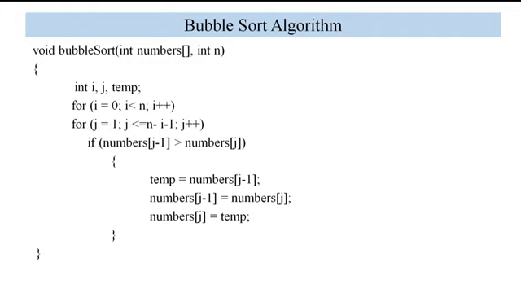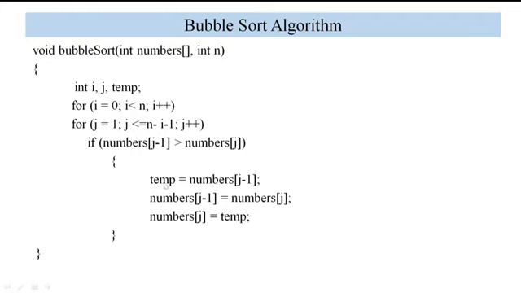So the 0th index element and the 1st index element will be compared, that is, the first and second elements will be compared. If the first element is greater, then only the body of the if will execute, that is, swapping will be done. Otherwise the body of the if will not be executed.